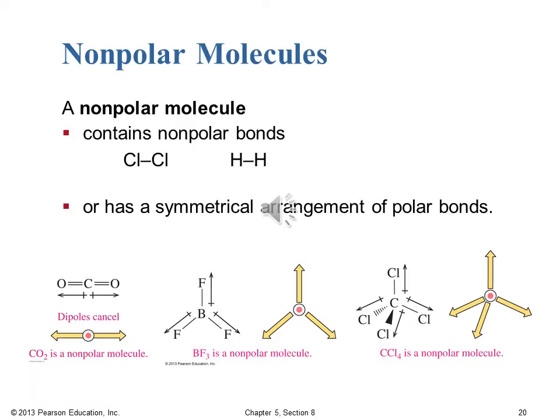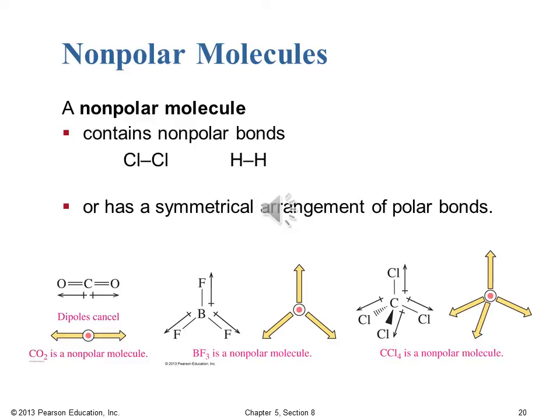Likewise with BF3, it's not as easy to see, but you do have each of the BF bonds, the fluorine's winning that tug of war. It's having the electrons more at the time, so one's being pulled straight up, and then one's being pulled down to the left, one's being pulled down to the right. So altogether, there's a net cancellation. If you know your vector sums, and any of those who've taken physics probably have at least heard that term, and depending on how well you did, you may have enjoyed that course.